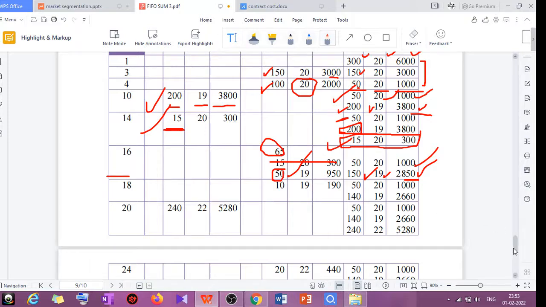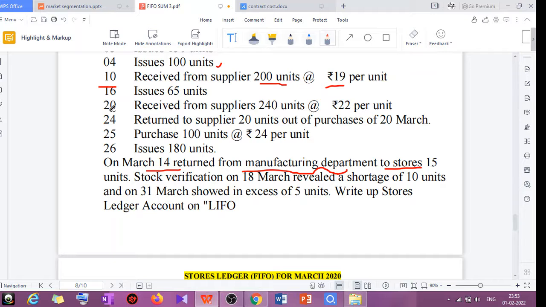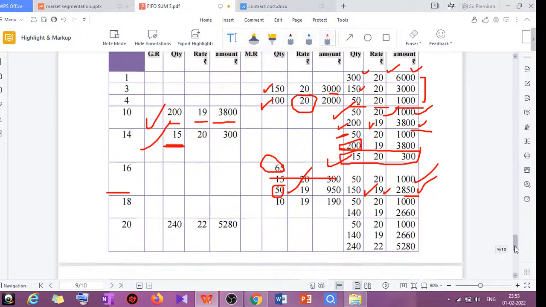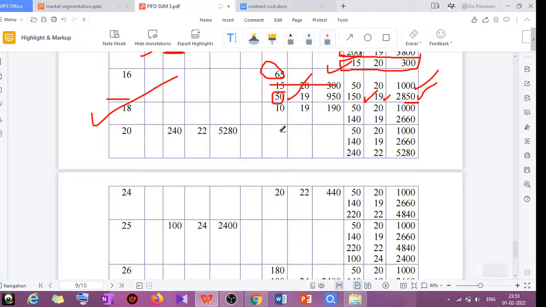That was the 16th transaction. Next you see, after 16th, on 18th there is a shortage of 10 units. So again there is a shortage. Whenever there is a shortage, tell me, is it a receipt or an issue? It is an issue. So on 18th there is an issue of 10 units.